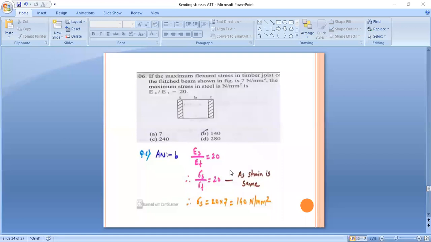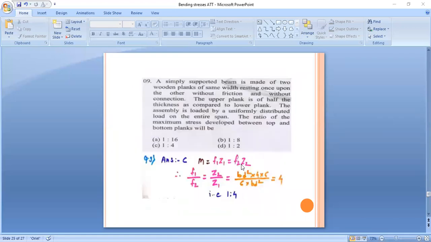Okay, since the strain is the same and the depth of the neutral axis is the same, we have taken sigma s upon sigma t. Now sigma s is equal to 20 times sigma t. So stress in steel is equal to 20 times stress in timber. So sigma s is equal to 20 into 7, which is equal to 140 Newton per mm square. So option B is the correct answer.